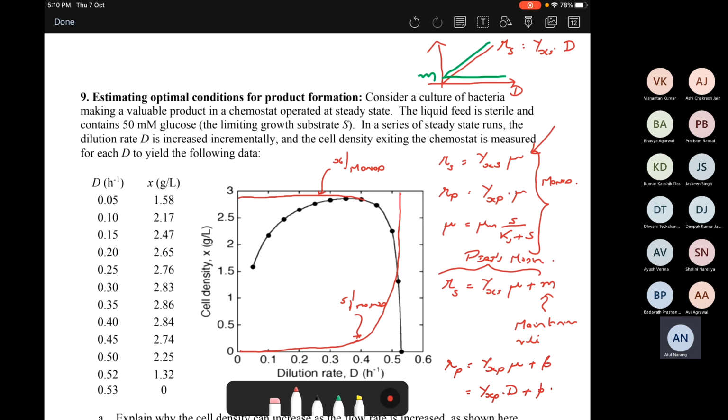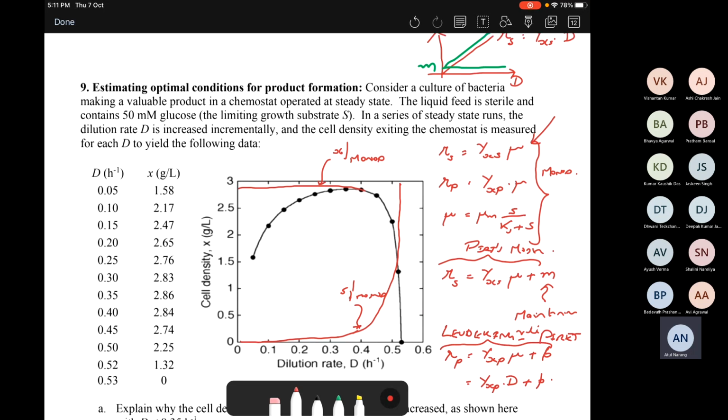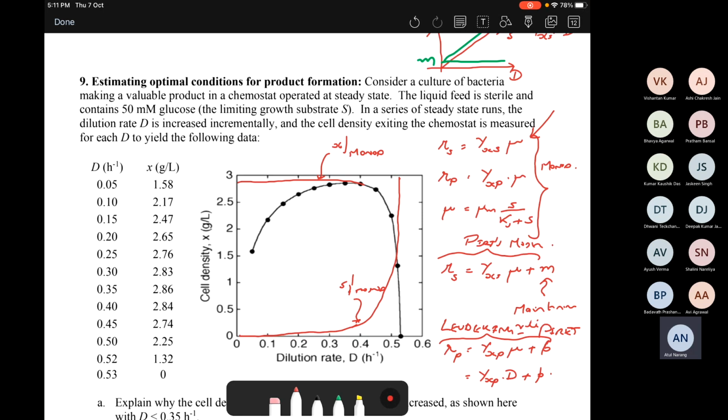This is commonly known as the Luedeking-Piret model. Now, this is a purely empirical extension that does not necessarily reflect what goes on in reality, but it's a slight extension of the model.